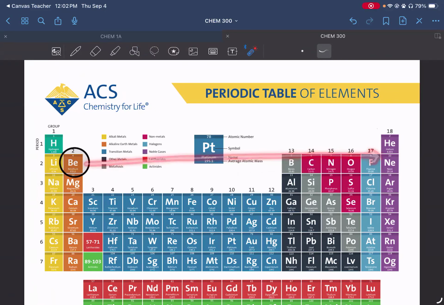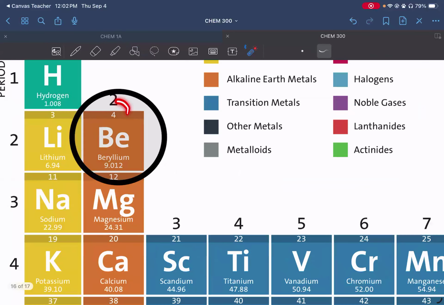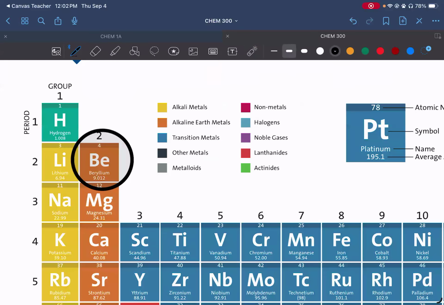But if you go one step backwards, in fact, if you go 2, you'll find that the next closest one is actually helium. How do we know that? Look at the atomic number. Beryllium has an atomic number of 4. So put it this way.